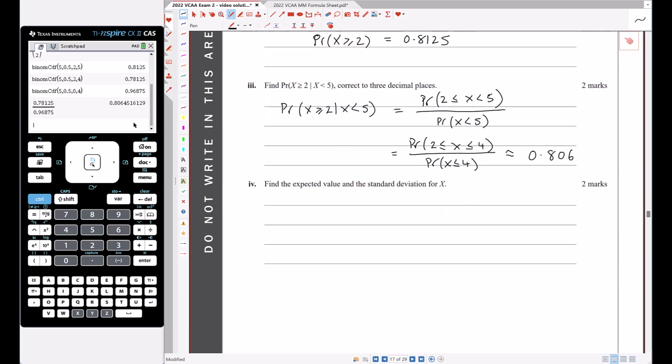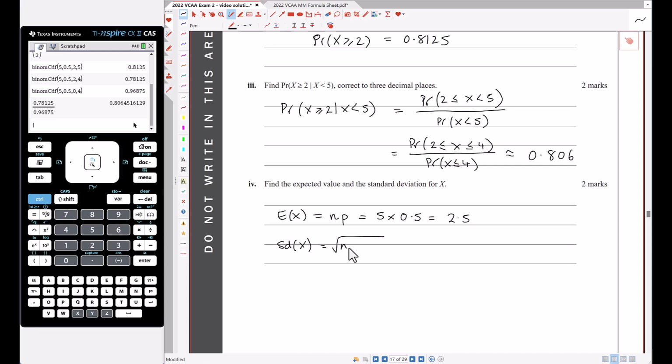Find the expected value and the standard deviation for x. Okay, so the expected value for a binomial variable is just n times p. So that's going to be 5 times 0.5, so that would be 2.5. And the standard deviation is the square root of the variance.